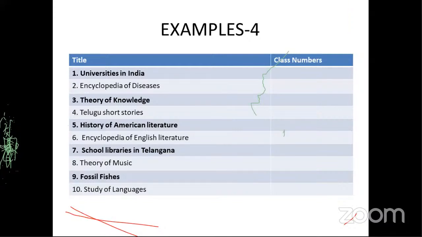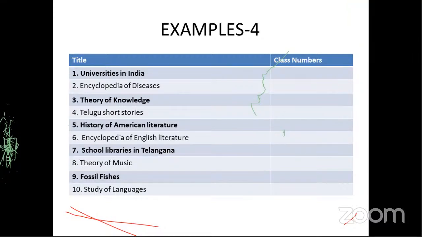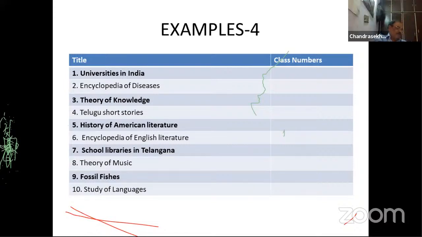Theory of knowledge, epistemology, 1 to 1. You have to give 1 to 1. So what he has done in the decimal classification under 1 to 1 epistemology, in brackets he has given theory of knowledge. Epistemology is theory of knowledge.